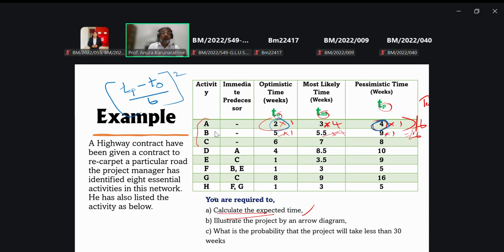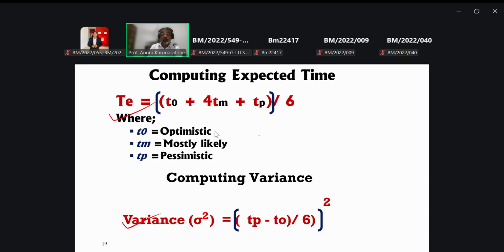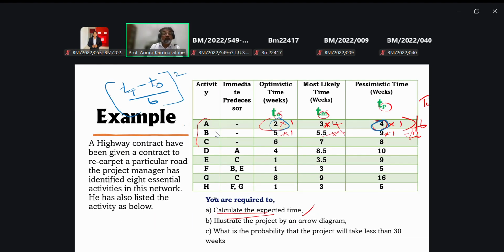If you go back to your formula, you can easily do that: divide by 6 and take the square. In this way, you get the variance, calculated for each activity.